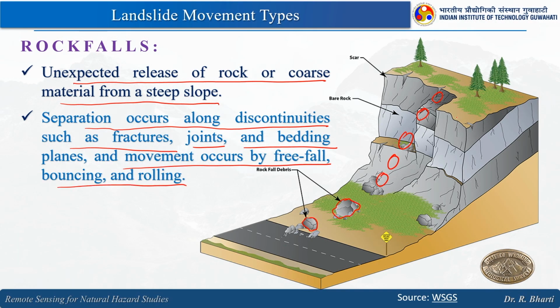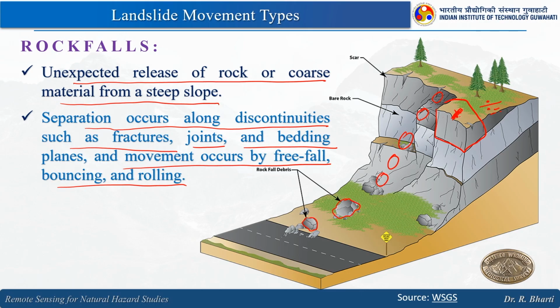So what happens if, let us say, this is a block and here you have a small crack? Water enters into this, and when the temperature is below freezing, this water will freeze and exert pressure because the volume will change.